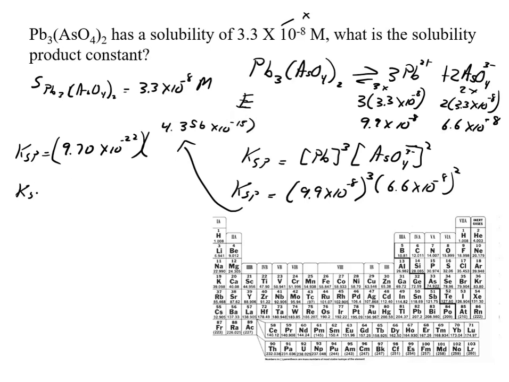And so Ksp is equal to 4.2 times 10 to the minus 36th. This time, to get the units, it's 3 plus 2, so it's molarity to the 5th. But again, I'm not going to count off if you don't have the units for that. Okay.